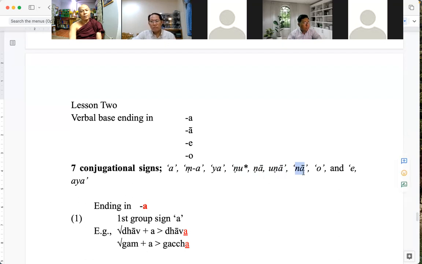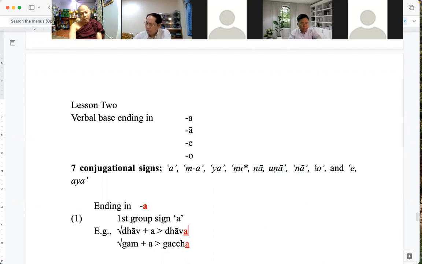The fifth sign is also na, but without the dot. The fourth signs are na and una with the dot, but the fifth sign is without the dot. That is the difference between them. So these end in R. If we add one of these 3 to the root, the whole vowel base ends in R.